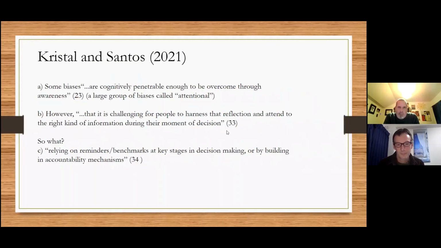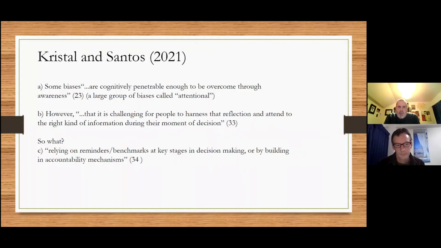Kind of coming back to this paper I mentioned before, Crystal and Santos. Basically, they're talking about some biases we can get at, right? They can be overcome through awareness, and these are called attentional biases. Right? However, it's very challenging for people to harness that reflection and attend to the right kind of information during their moment of decision.